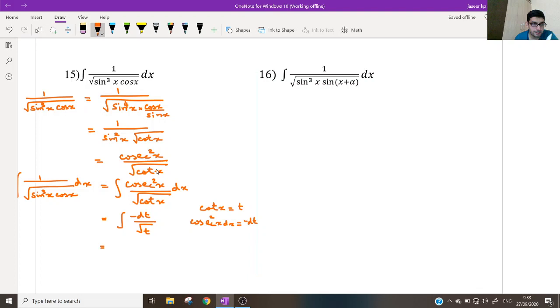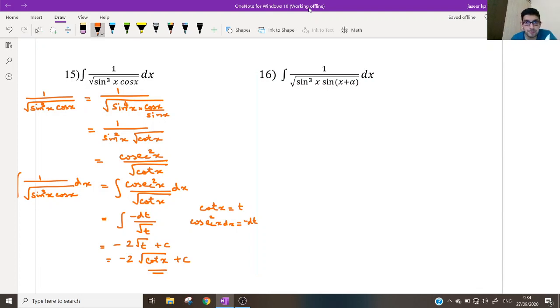Now if you integrate this, it will become minus, 2 root t plus c. So now t is cot x, it will become minus 2 root cot x plus c. So the integral of 1 by under root sin cube x cos x dx will be minus 2 under root cot x.